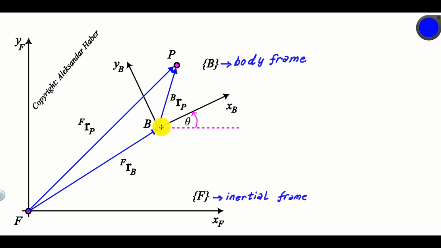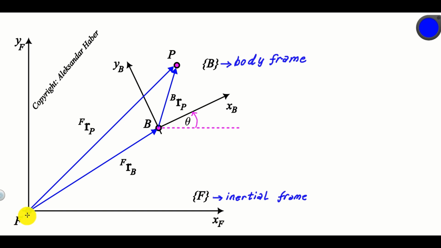You can see that the B frame is translated from the origin point F, and it's over here, and then it's being rotated by the angle theta. The frame B is called the body frame. This is because we usually assume that the frame B is fixed to a rigid body that can translate and rotate with respect to the frame F. Let us explain this notation.